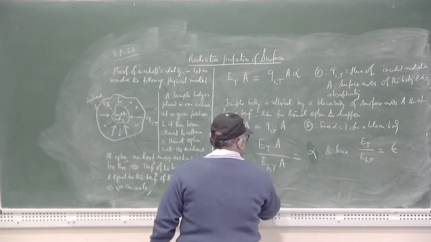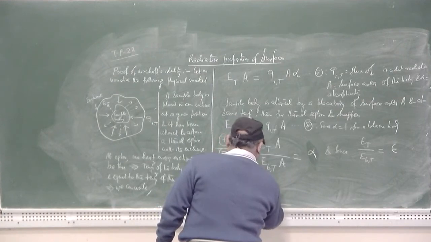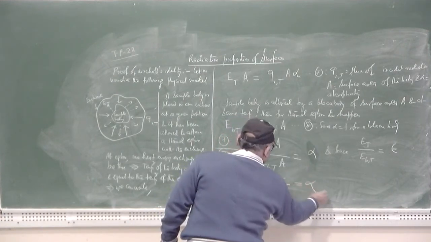So E t divided by E b t is equal to epsilon, which is equal to alpha.